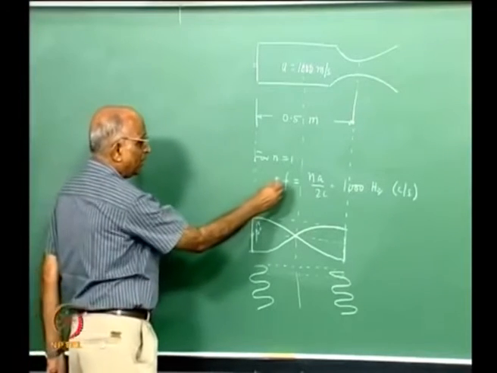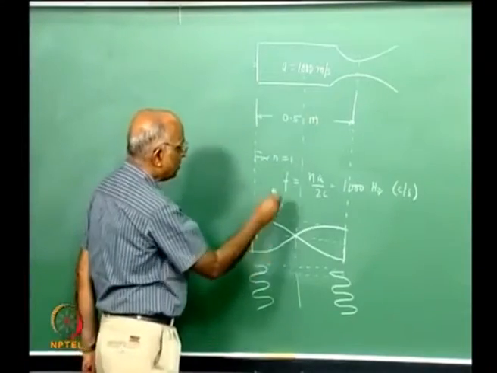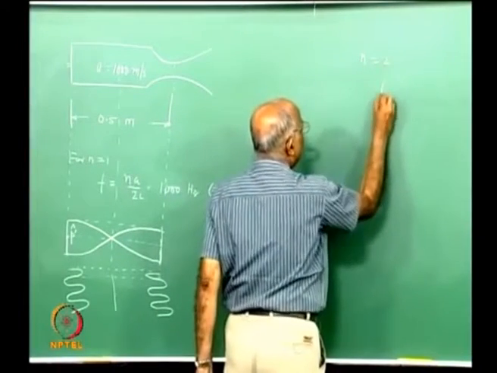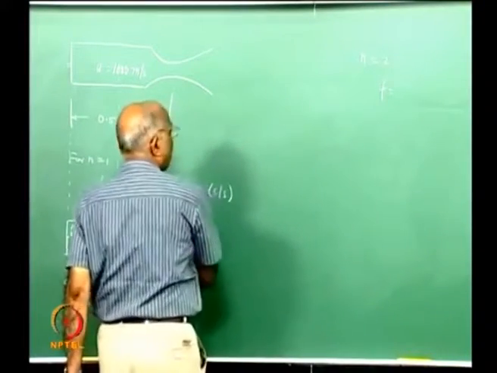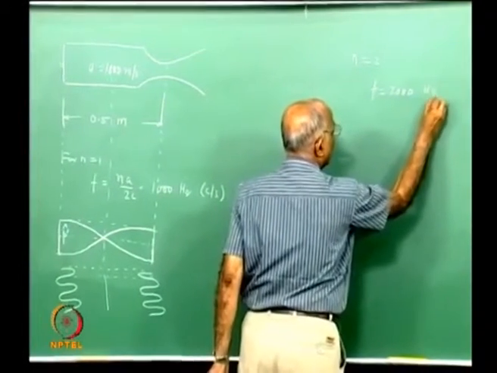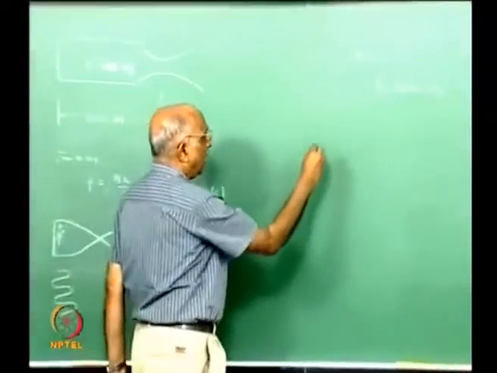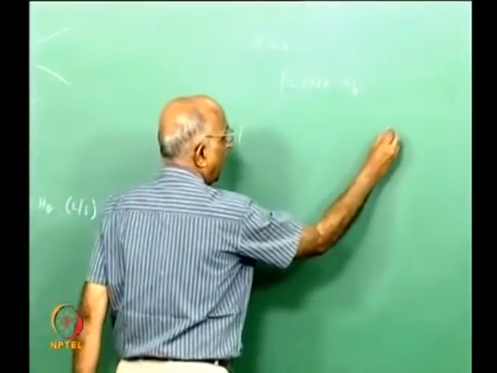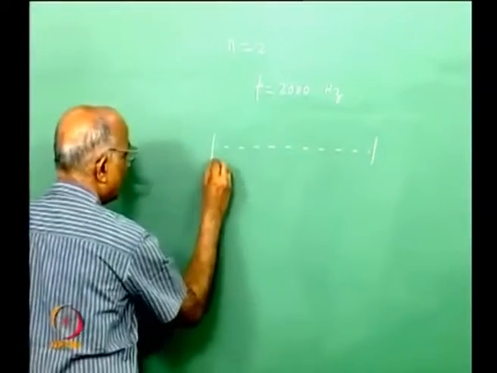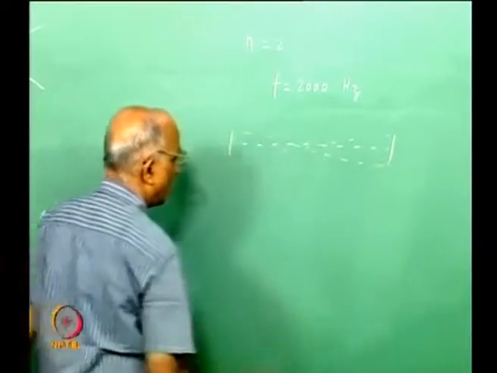You know, our aim was to find out the frequencies for the different cases, and therefore now if I consider n is equal to 2, the frequency is now 2 into 1000, that is 2000 cycles per second or 2000 hertz. And what will be the type of wave structure I get? Well, I have an antinode here, and I had at the nozzle an antinode over here. In the first case I just had these points over here, that means this was my waveform at n is equal to 1.